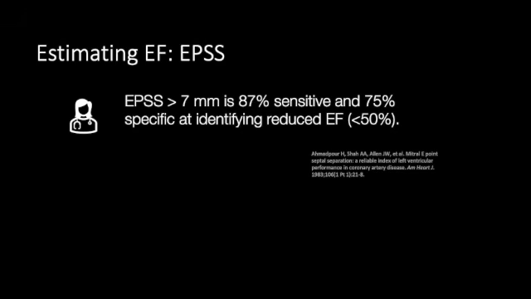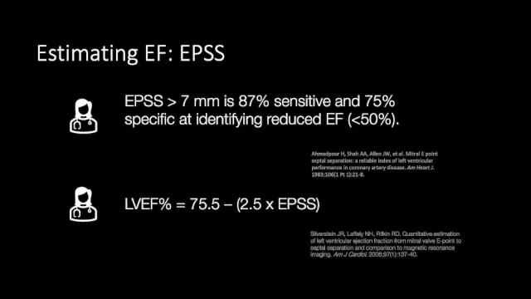An E point septal separation that's greater than 7 millimeters is 87% sensitive and 75% specific at identifying an ejection fraction less than 50%. And similarly, you can use this formula to calculate a good left ventricular ejection fraction estimation.